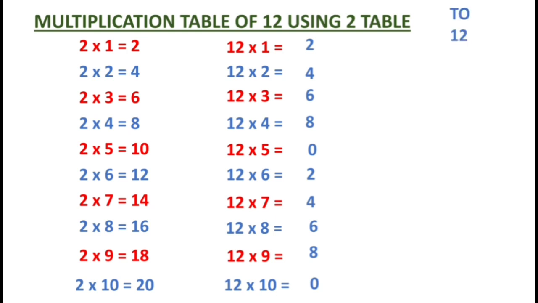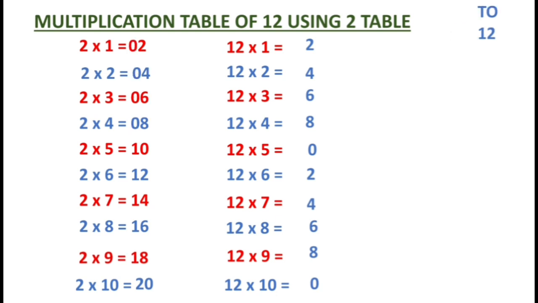In the 12 table, 2 is in ones place. We have written the ones place of the 2 table. Now the tens place. We are going to add 1. Now here I have written 0, 2, 0, 4, 0, 6, 0, 8. I have made these numbers into 2-digit numbers. Now if we observe the tens place 0, 2, 0, 4, 0, 6, 0, 8, it has the same tens place, right? 0.